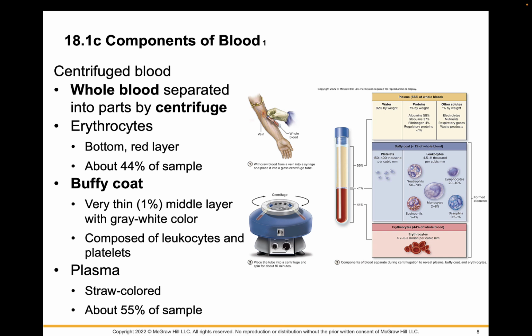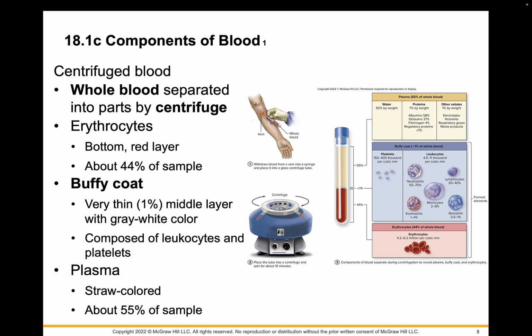So what I do want you to be comfortable with is the general percentages, with plasma being approximately 55% of whole blood, the buffy coat less than 1%, and erythrocytes about 44%. So those are things that I want us to remember. Now, if we look at plasma, 92% of plasma is water.